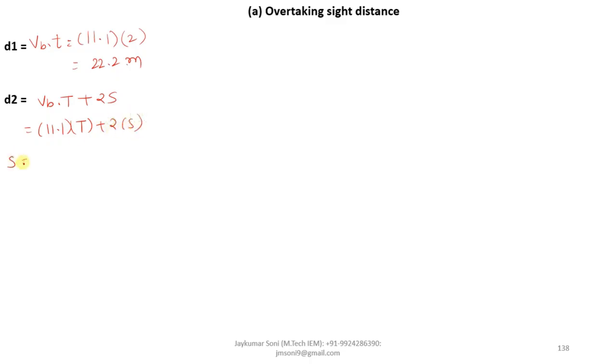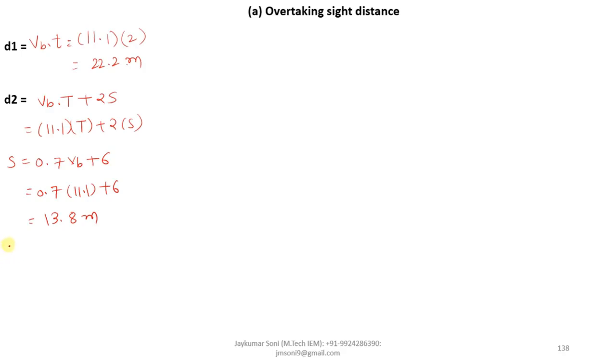Now we need to calculate the value of s. The equation for s is 0.7 vb plus 6. It will be 0.7 into 11.1 plus 6, and ultimately s will be 13.8 meter.